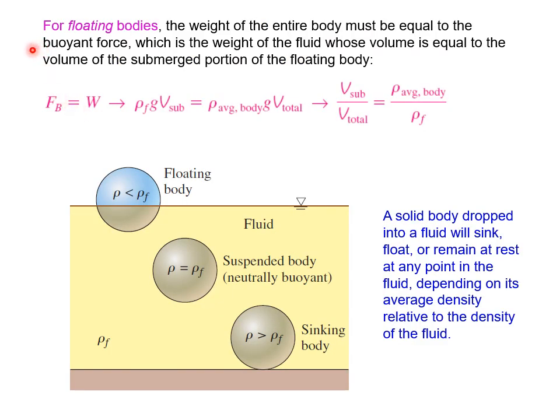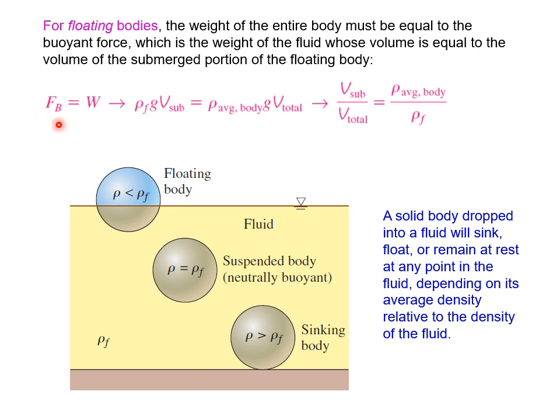So let's take a look at objects that float. So for floating bodies, the weight of the entire body must be equal to the buoyant force, which is the weight of the fluid whose volume is equal to the volume of the submerged portion of the floating body. So in this case, if it floats, the only part that we're concerned about is the volume that's underneath the water. The weight of that volume is going to be equal to the buoyant force.